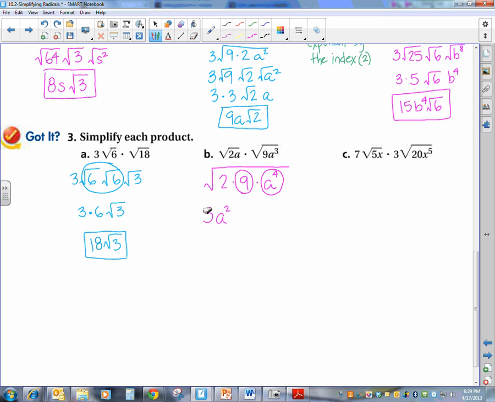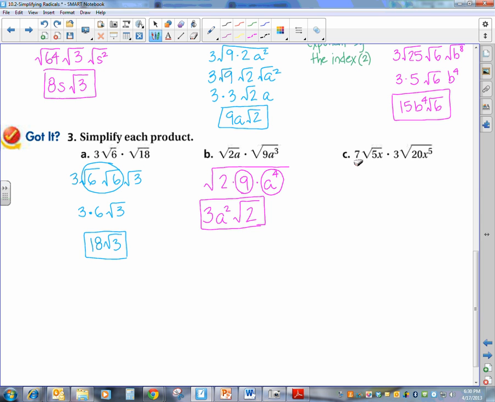I took the square root of 9 and the square root of a to the fourth, and that means I'm left with 2 underneath, and that's all we have. So when we find those numbers that are perfect squares, we took the square root of 9 and got 3. This time I had 2 of the same thing, then I bring one of them outside. So you can think of it in two different ways.